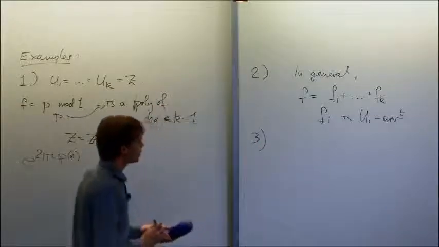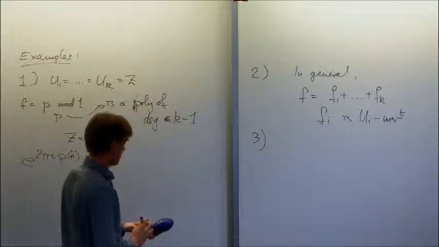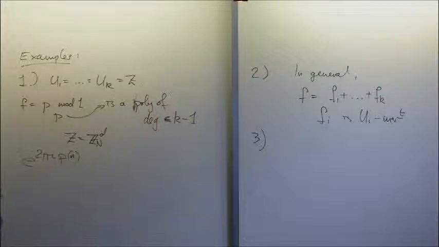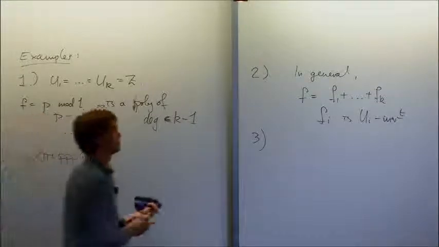And having noticed that, you can also generalize these two classes of example by choosing some subcollection of the U_i's and using a function which behaves as a suitable polynomial on every coset generated by that subcollection. So let me just write this.